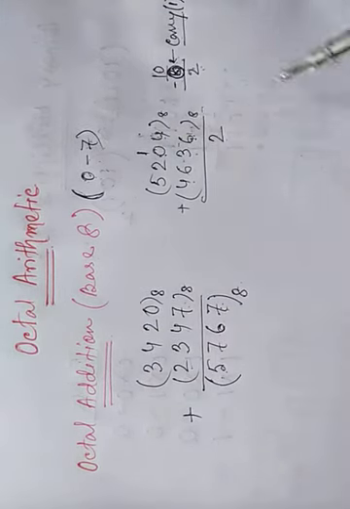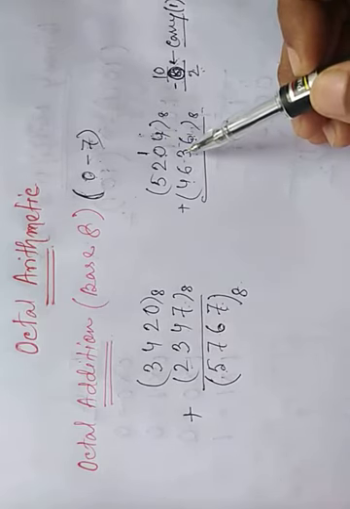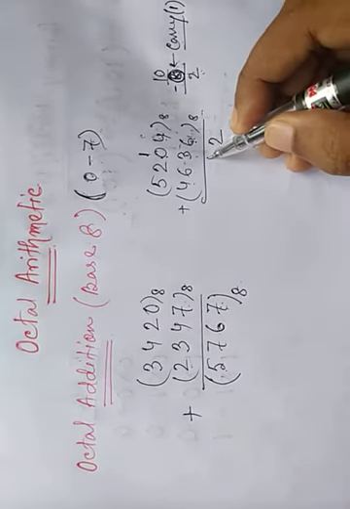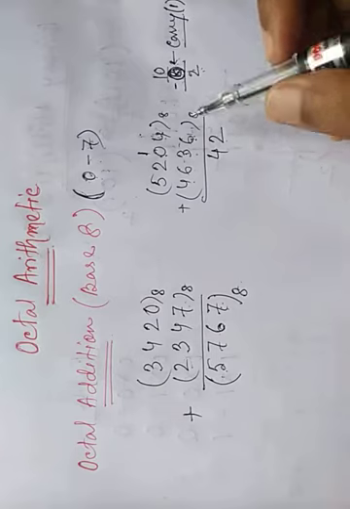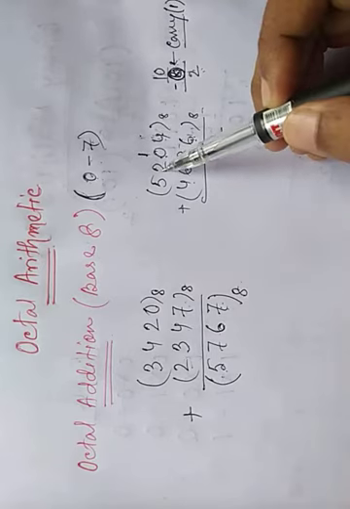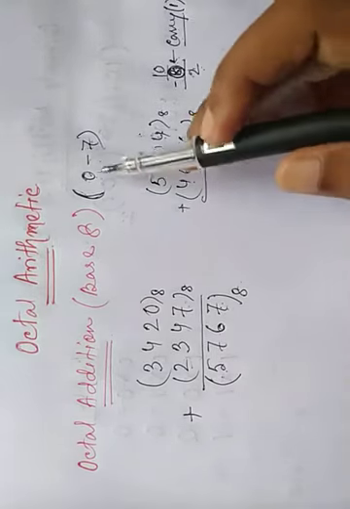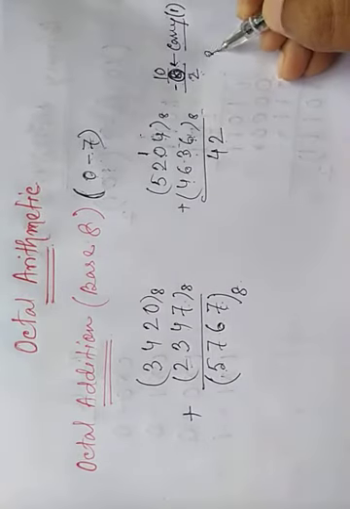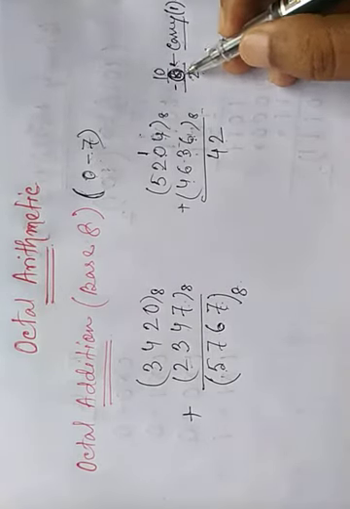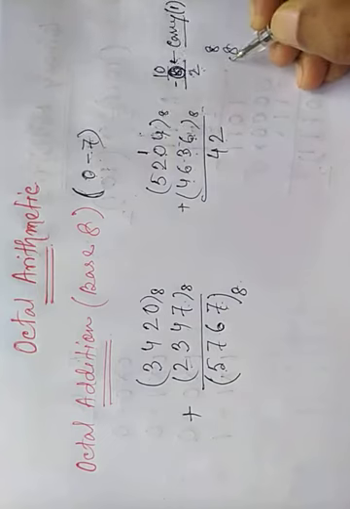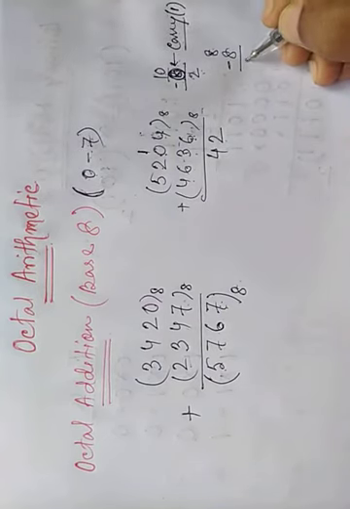Then 3 plus 1 is 4. Again 6 plus 2 is 8. 8 is also not within our range, so we have to subtract it by 8. 8 minus 8 is 0.